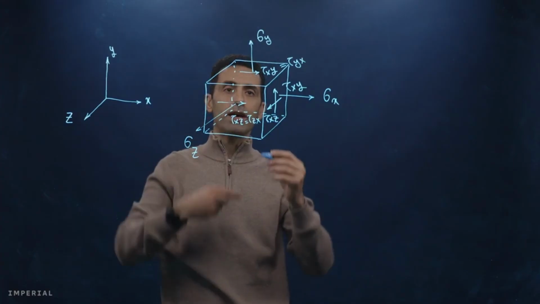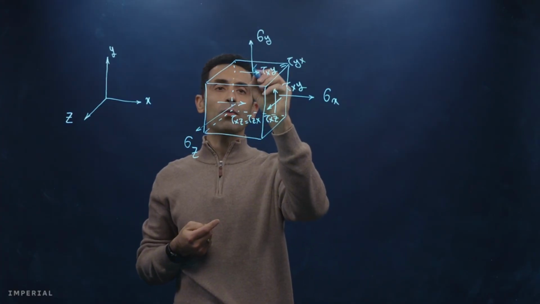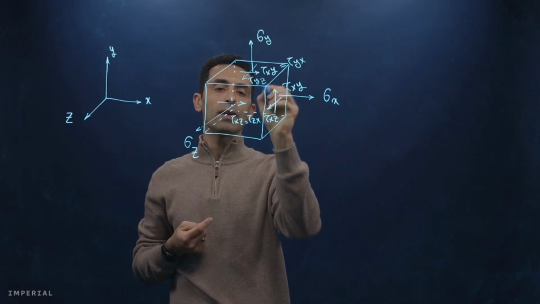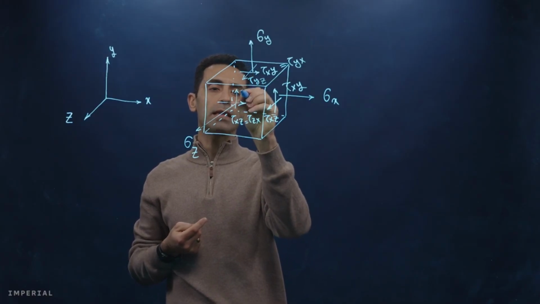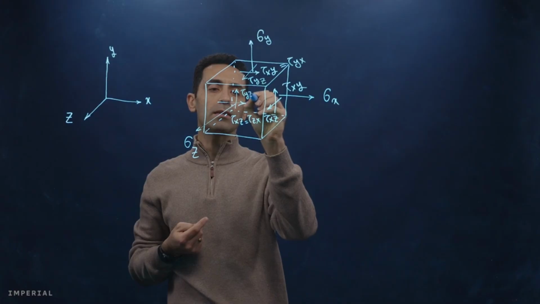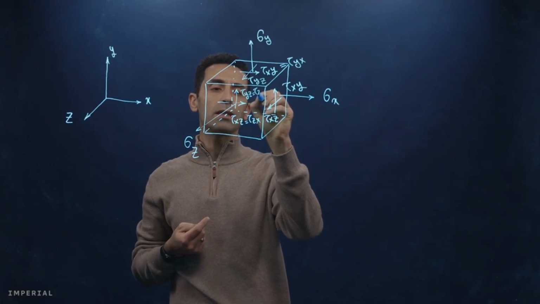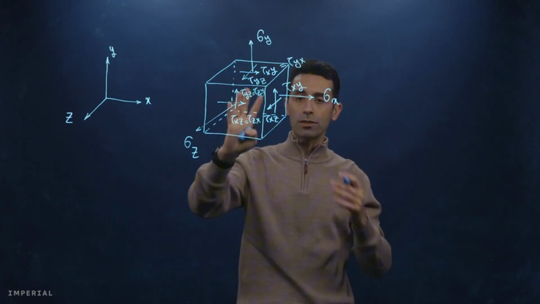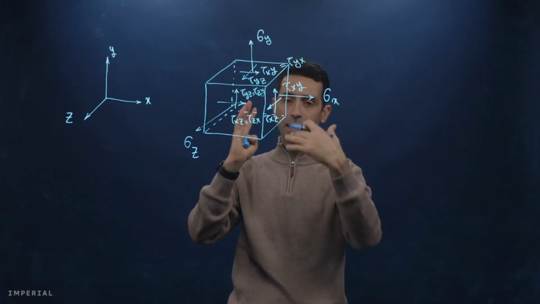As well as this face, if you look at that one, that is a y face. So here you can have tau yz, which is equal to tau zy. Yeah. And of course, I'm not showing the stresses on the other faces that are hidden.